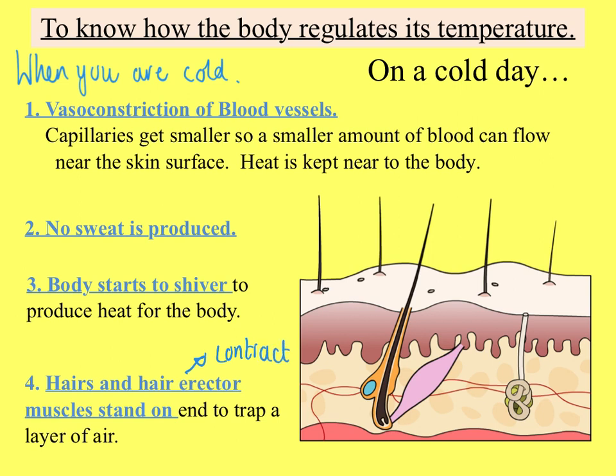As it contracts, the hairs stand up on end, and little air particles are trapped between the hairs. They form a layer of air between the hair and the skin, which acts like an insulating layer to try and keep you warm.